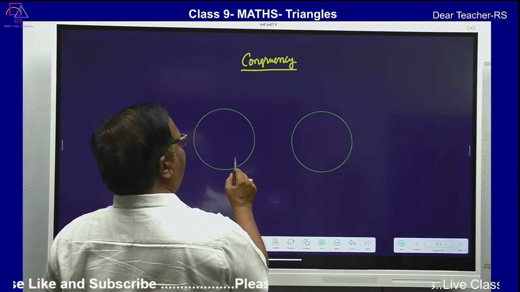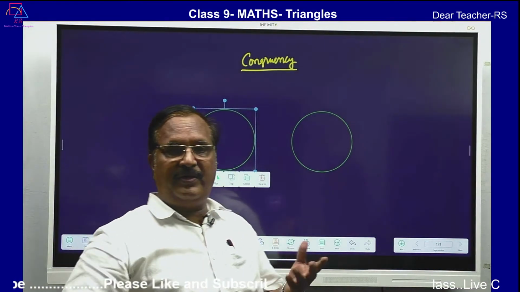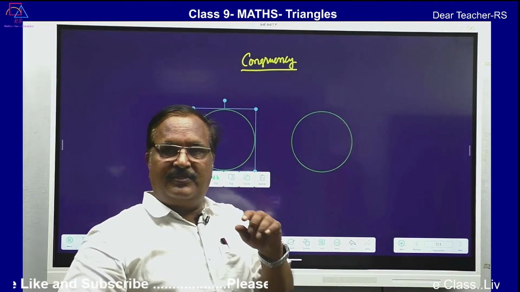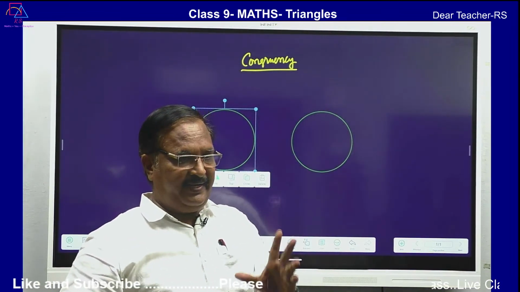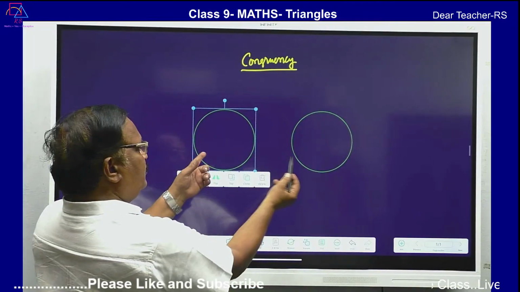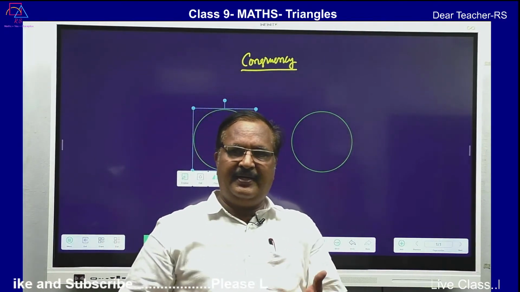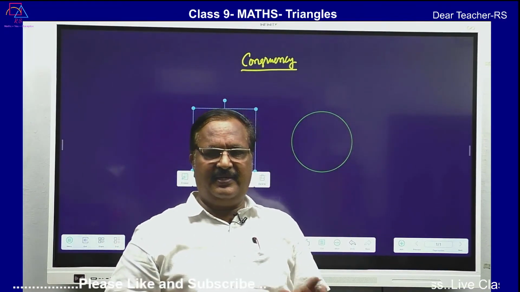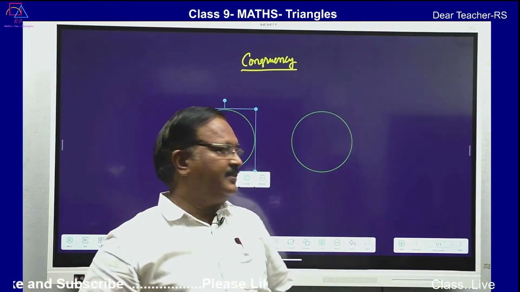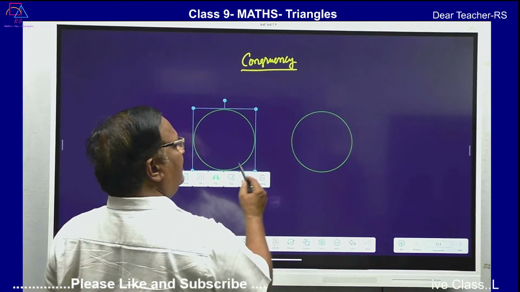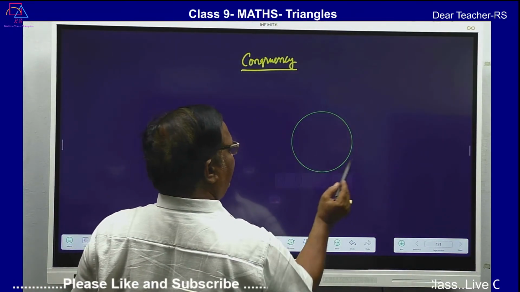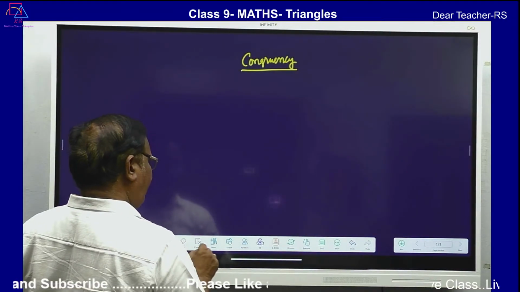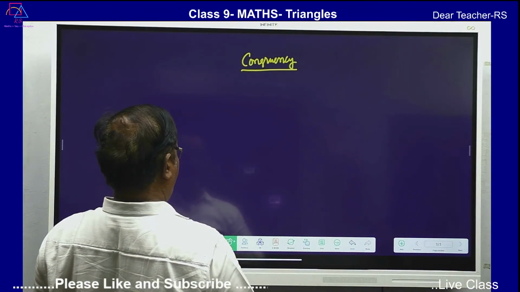Then these two circles are congruent circles. So that means congruent circles should have the same radius. If two or more circles, any number of circles, have the same radius, then we call those circles congruent circles. Okay, you take any figure. I'll take one more figure.